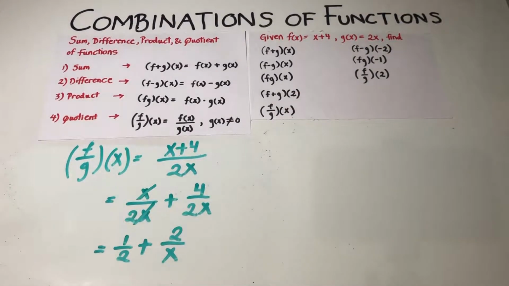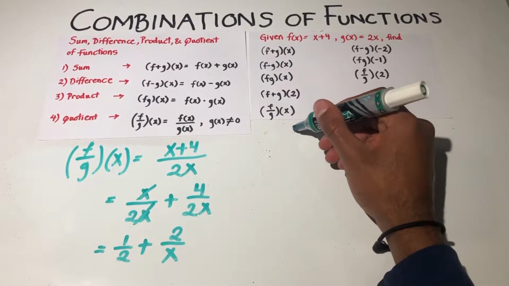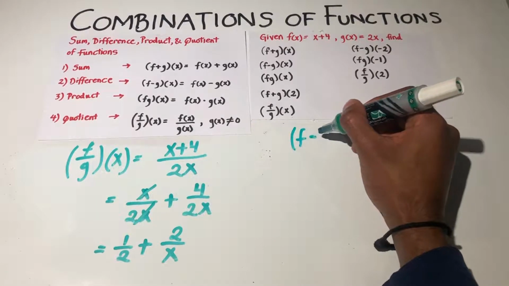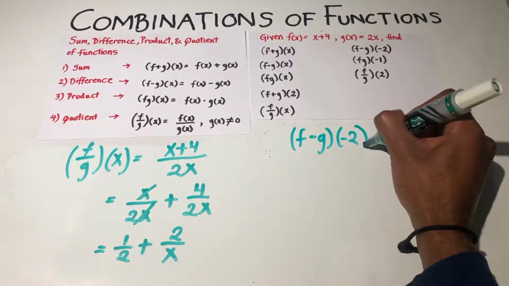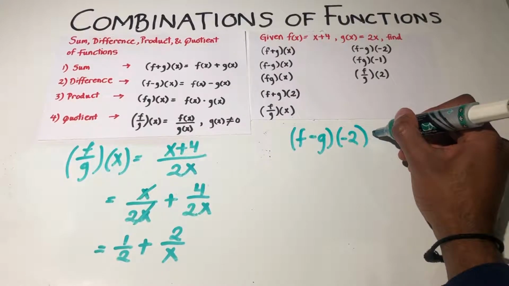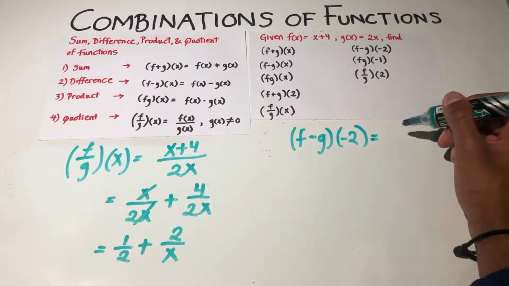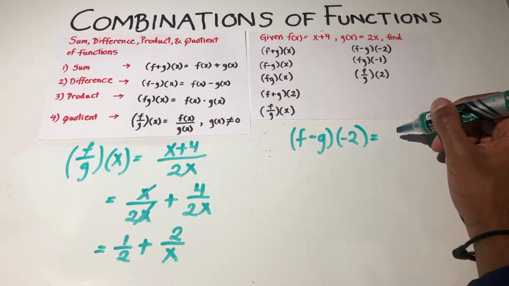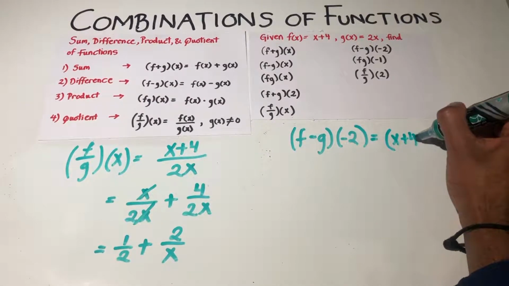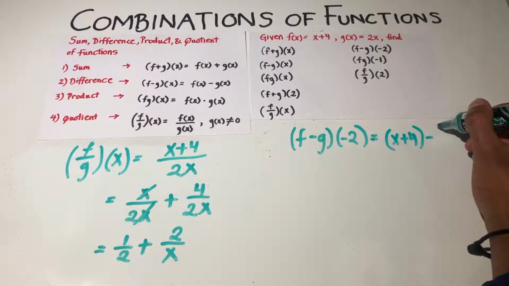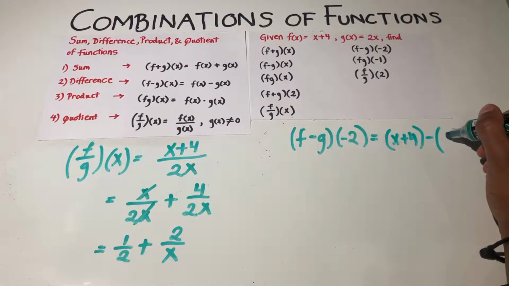Now we have f minus g of -2. Remember, I like to write out the whole expression first. So we're going to get x plus 4 minus 2x.